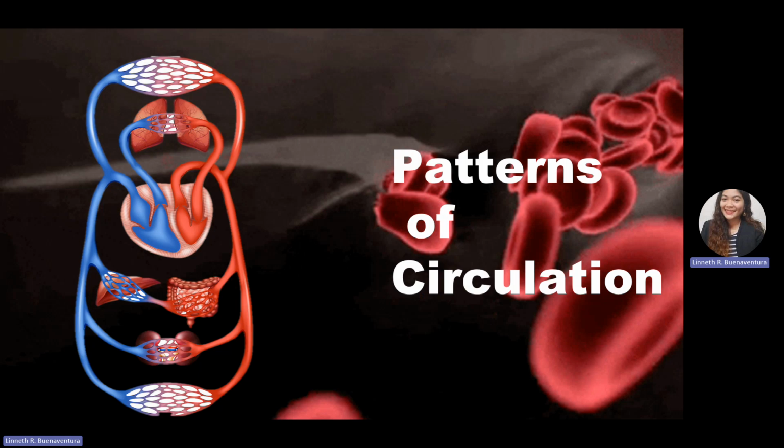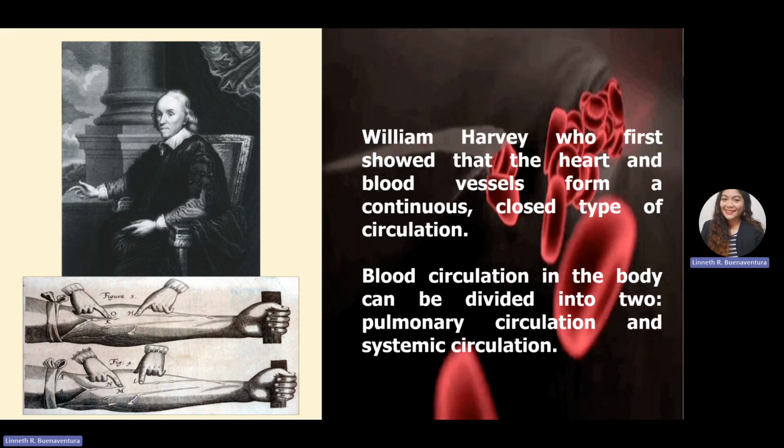So, the pattern of circulation. Thanks to William Harvey, who was the first scientist to show that the heart and blood vessels form a continuous, closed type of circulation. Blood circulation in the body can be divided into pulmonary and systemic.